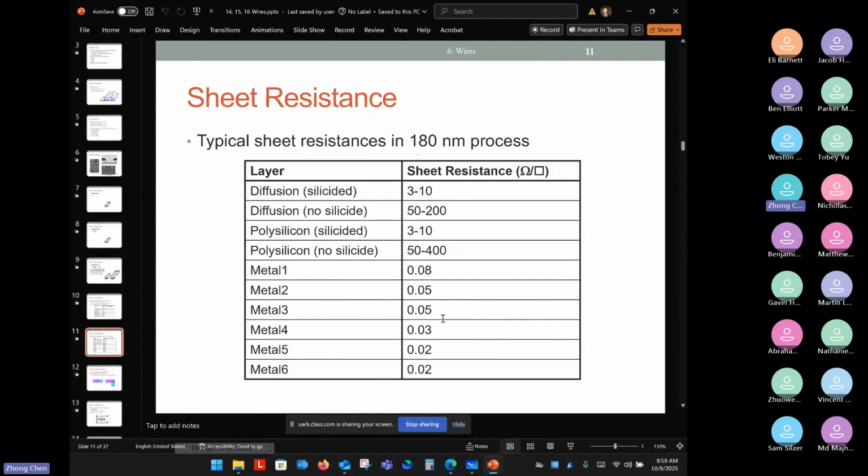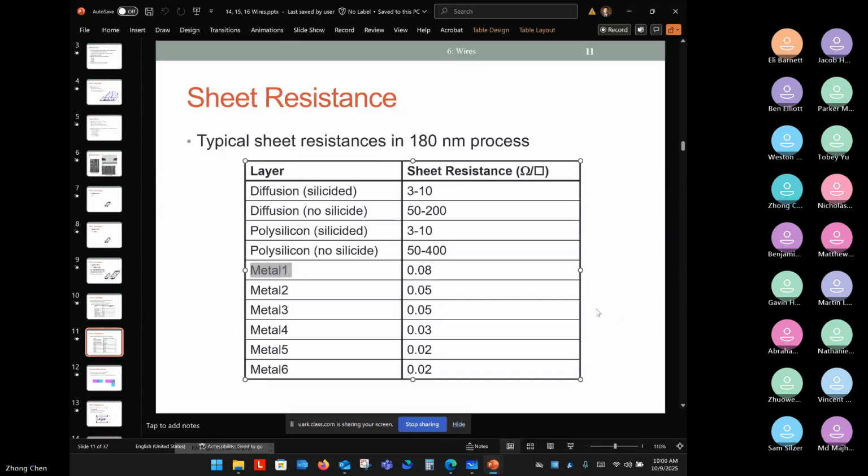This is also sheet resistance. Typically, for metal 1 in modern technology, you will see 80 milliohms, or 0.08 ohms per square, so you have a number of squares. From this number, you can also tell the thickness of the metal. If you get a smaller value here, it typically means you will have a thicker metal than metal 1.